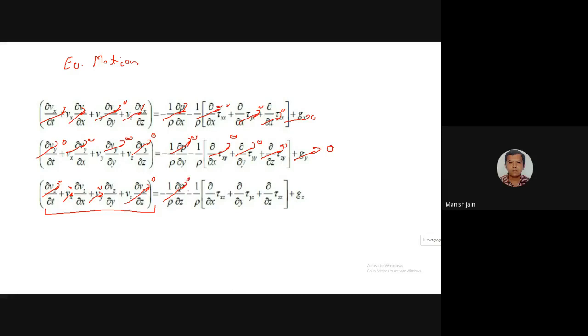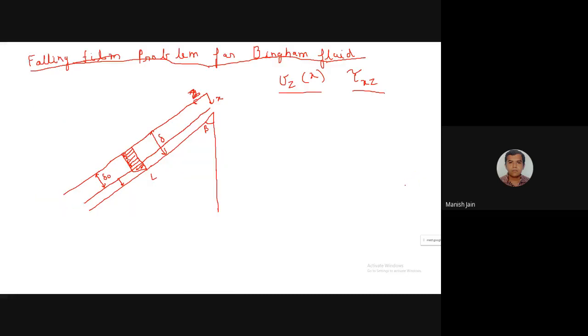It is due to the gravity only. Tau xz is the only non-zero term. The second and third terms are zero. Gravity is there, but gz is equal to g cos beta, because the slope angle is beta.